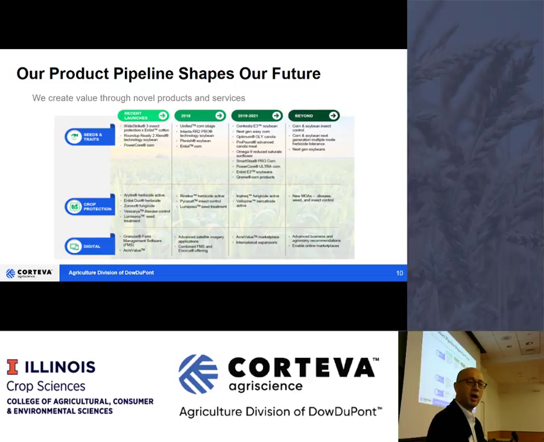Those are technologies that have been identified and developed using biotechnologies, but not transgenics. And so that's where all the genome sequence and all the molecular marker information has been deployed to develop these types of traits. And you see the Intacta traits that are insect control solutions that we have for soybean.